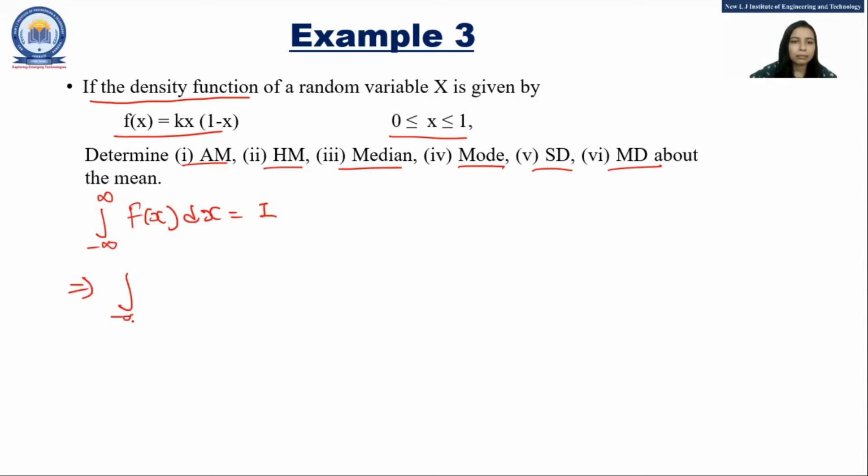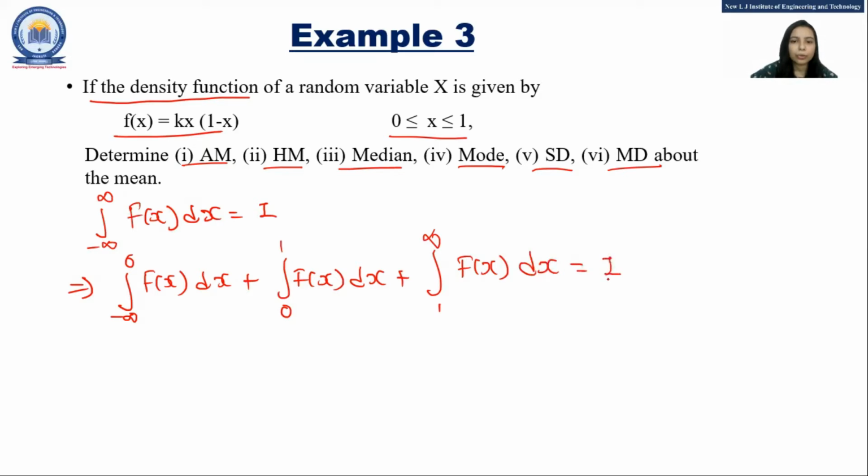So that is minus infinity to 0 f of x dx plus 0 to 1 f of x dx plus integration from 1 to infinity f of x dx equal to 1. This would become 0 because f of x is not defined from minus infinity to 0. Integration from 0 to 1, k into x into (1 minus x) dx plus this would also become 0 because x is also not defined between 1 and infinity, is equal to 1.